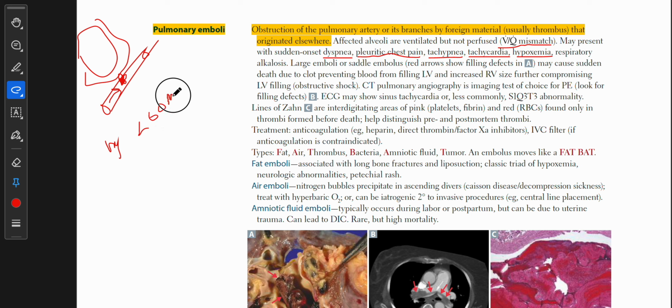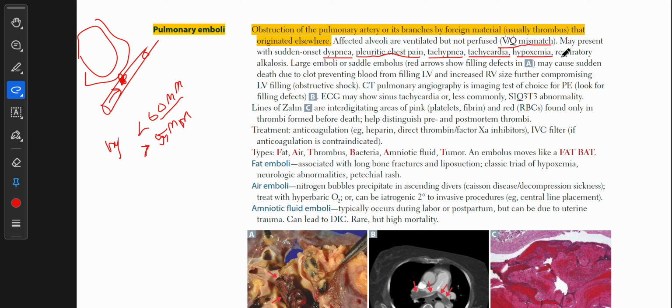And if the partial pressure of carbon dioxide is greater than 50 mmHg, then that is called hypercapnia. You can note it down. There are two types of respiratory failure, type 1 and type 2. Type 1 is hypoxemic respiratory failure, and type 2 is hypercapnic respiratory failure.